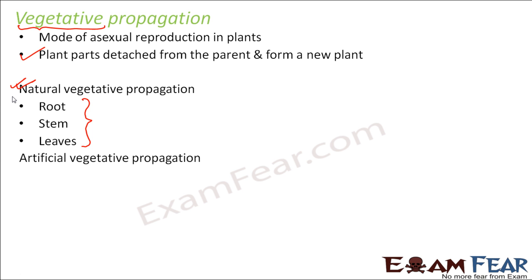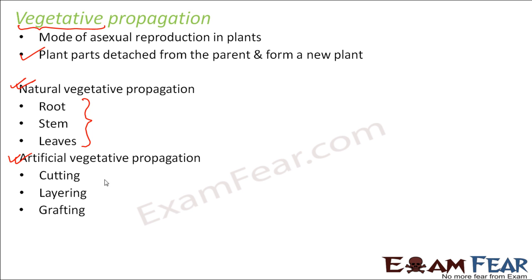The other type is artificial vegetative propagation, where there are specific methods by which we can produce plants as we desire, by methods like cutting, layering, grafting.